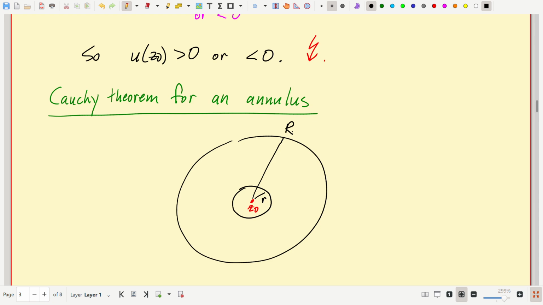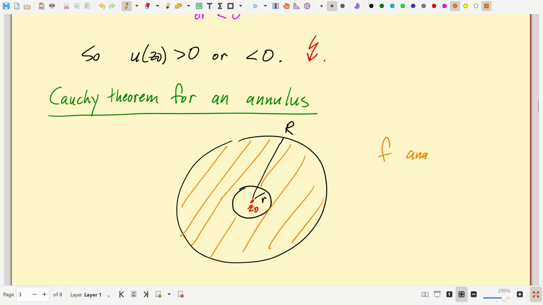And I'm going to have a function that's analytic on this annulus. So f is analytic on that open annulus.